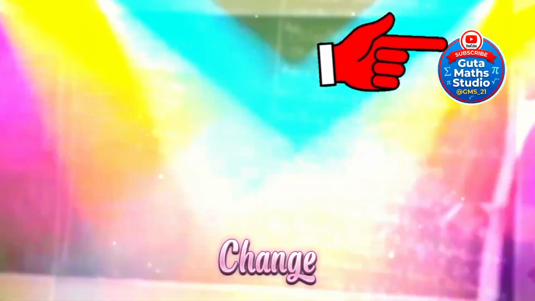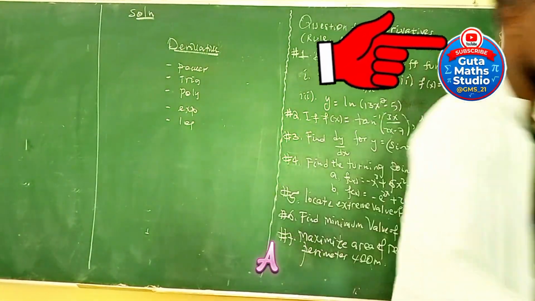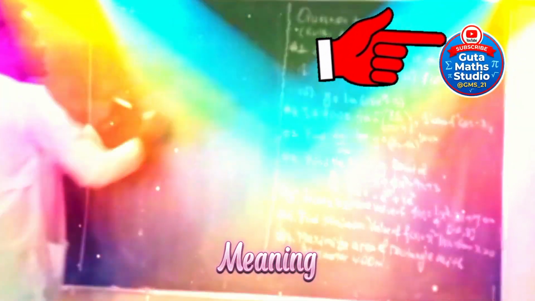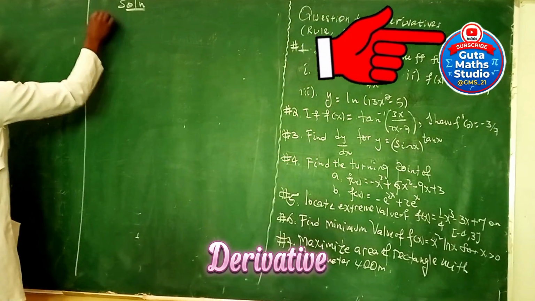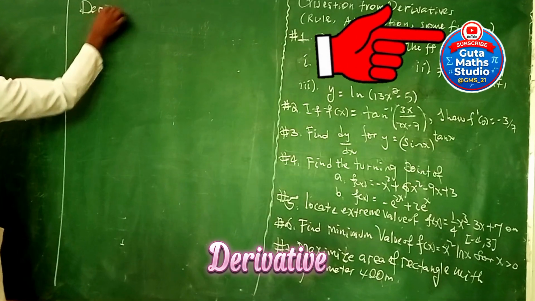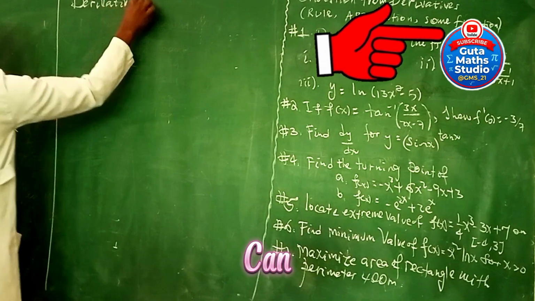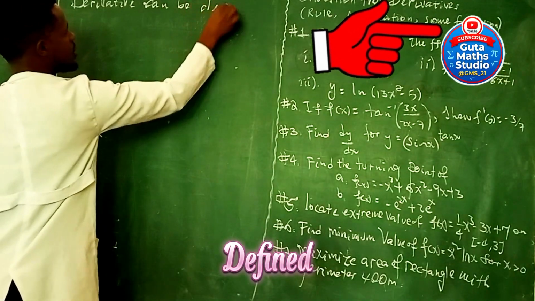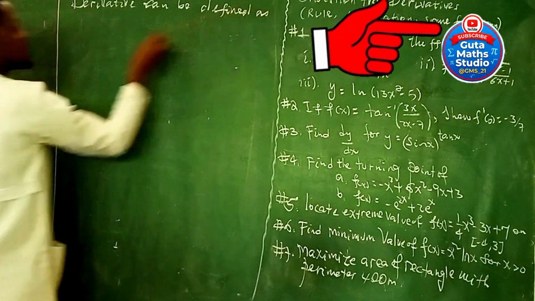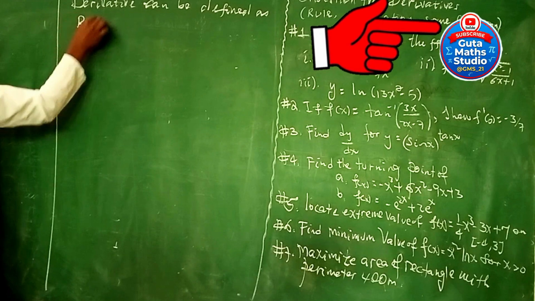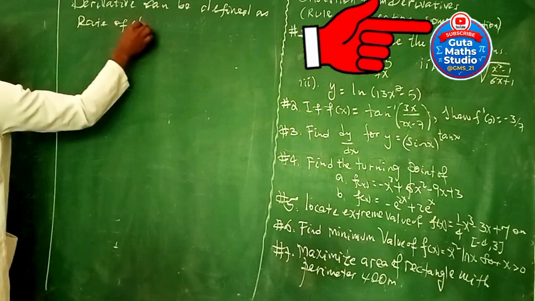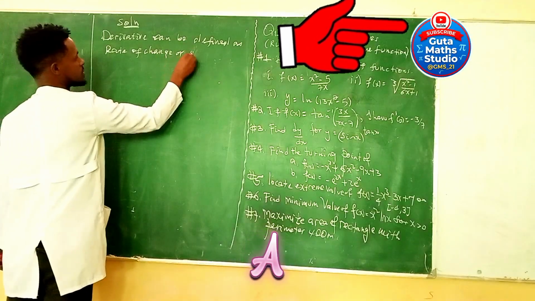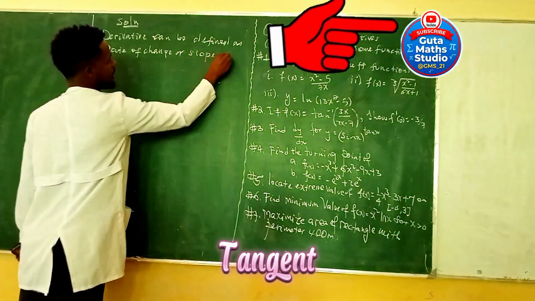A rate of change is the same as the slope of a tangent line, meaning we can define the derivative as a rate of change or a slope of a tangent line.